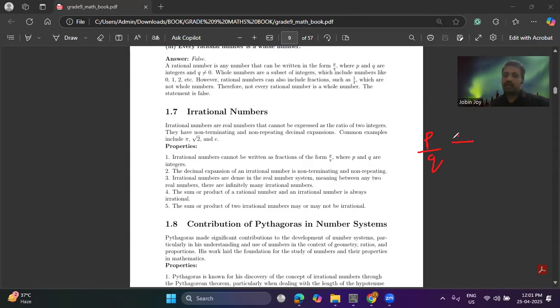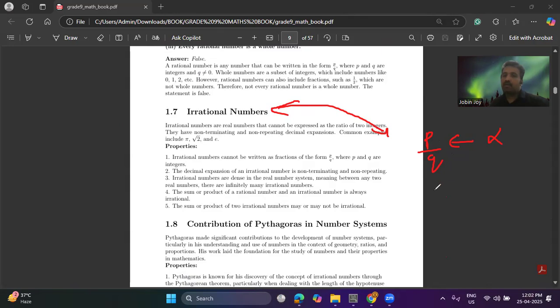Irrational numbers are numbers that cannot be expressed as the ratio of two integers, that means in p by q form. If we can express a number as the ratio of two integers, it is called rational. If we cannot, the number is called irrational.